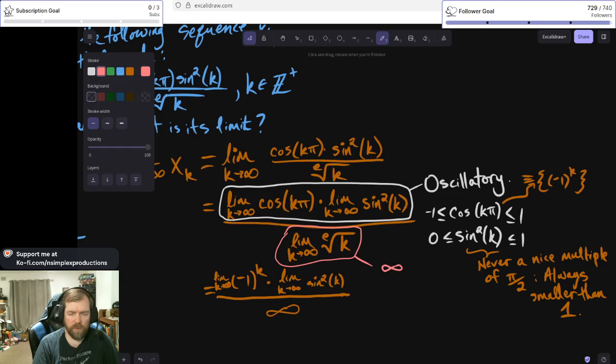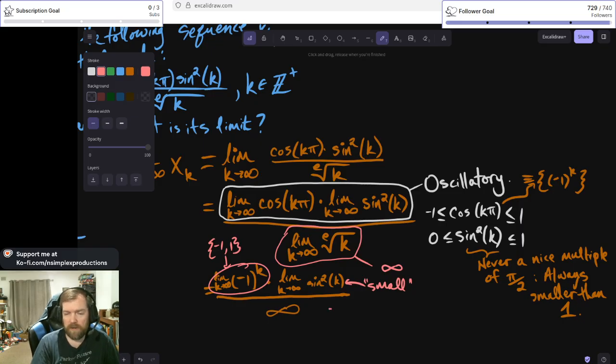This is poor form, but nonetheless. This is either -1 or +1, and this is small. Doesn't matter what it is. It's smaller than a value of 1.